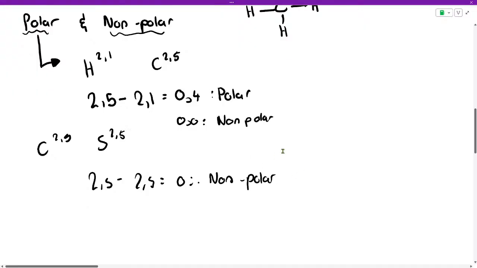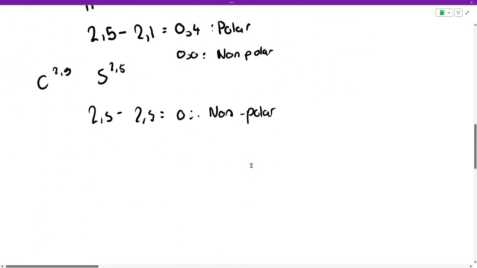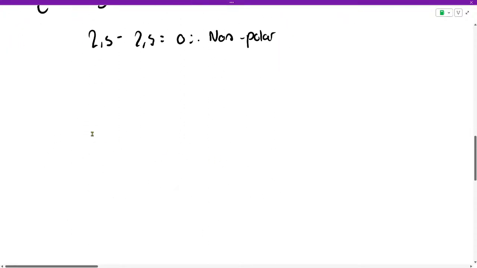Oh, okay. So when you identify a bond, let me think of an example. Let's say you have hydrogen, and hydrogen bonds with oxygen to make water.